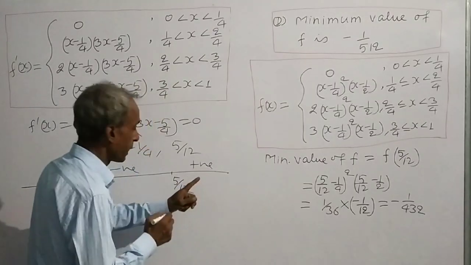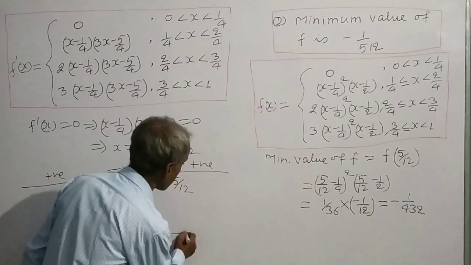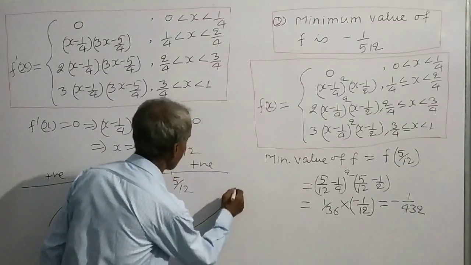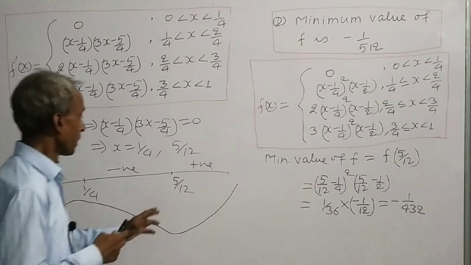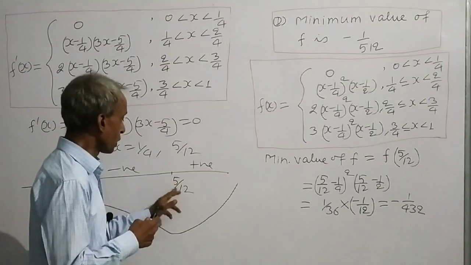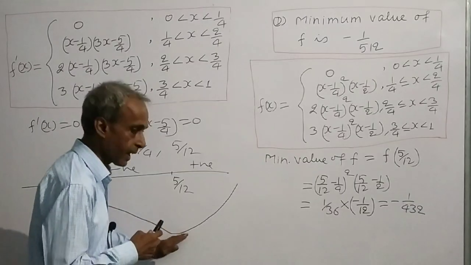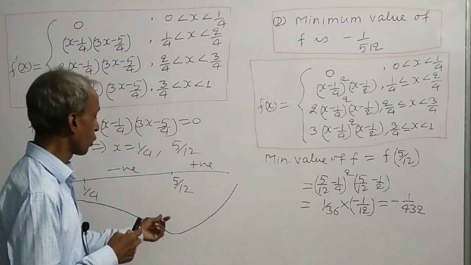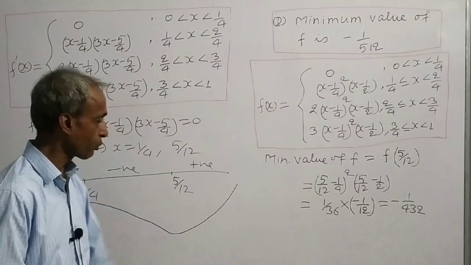When f'(x) is positive, the curve moves in the upward direction. It is clear that at x equal to 5/12, the curve decreases and then increases. Therefore, the minimum value will occur at x equal to 5/12.